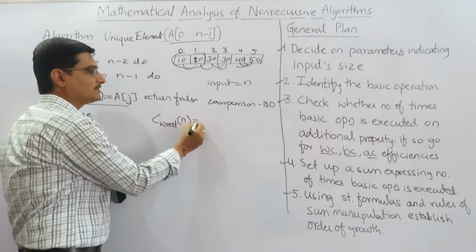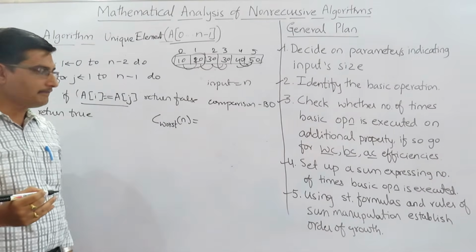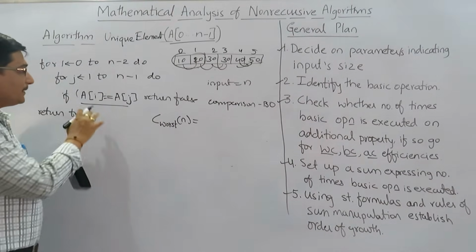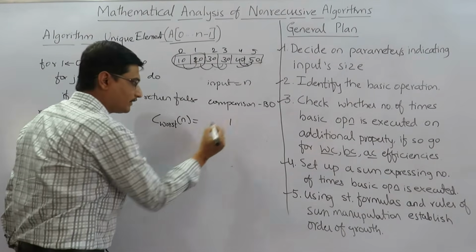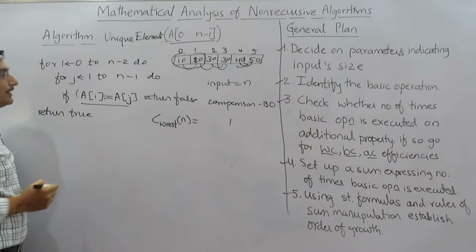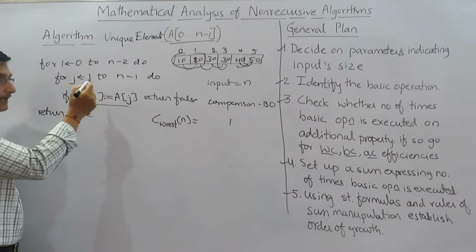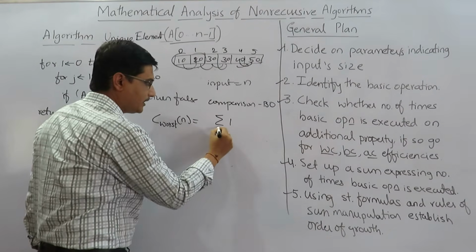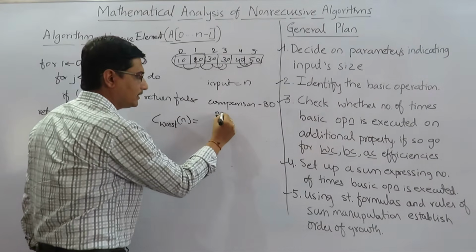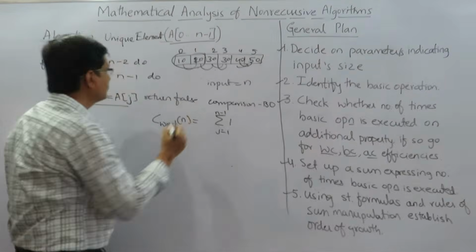That is the worst case efficiency. So how many times is this basic operation executed? One time for every j, so this will be summation from j equal to 1 to n minus 1.